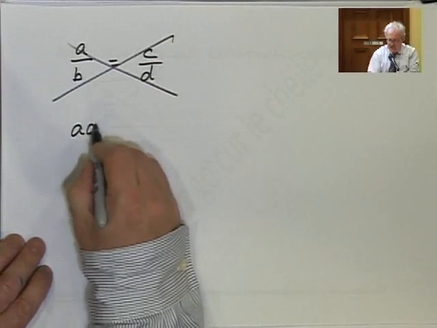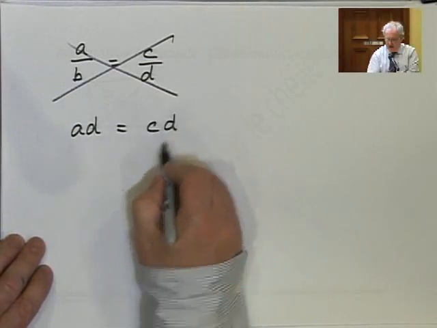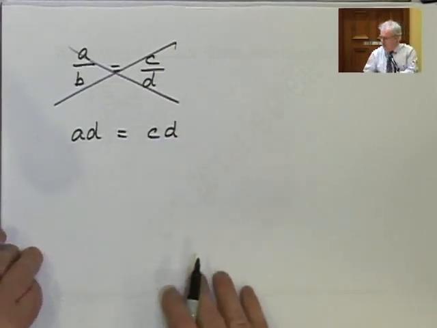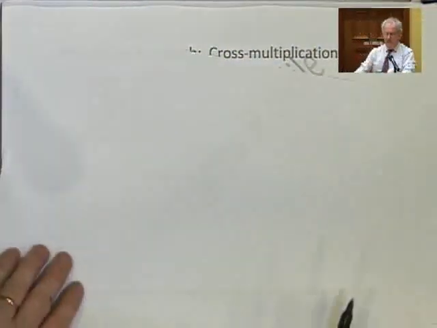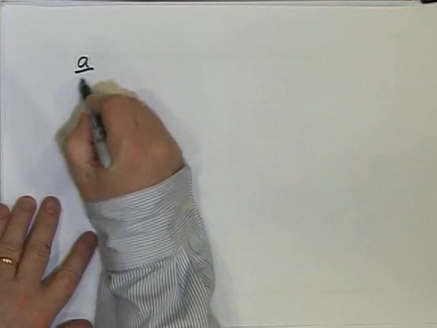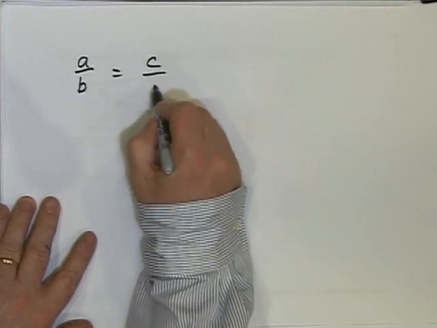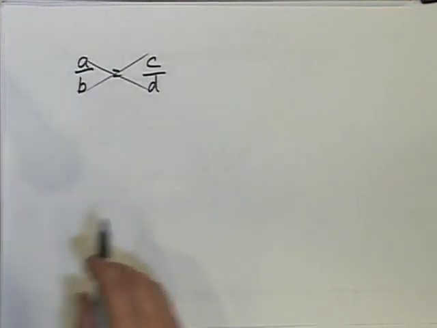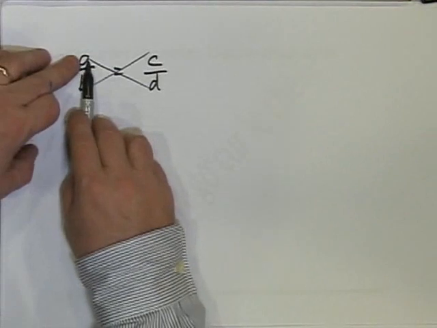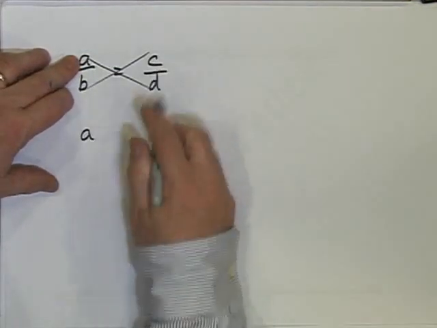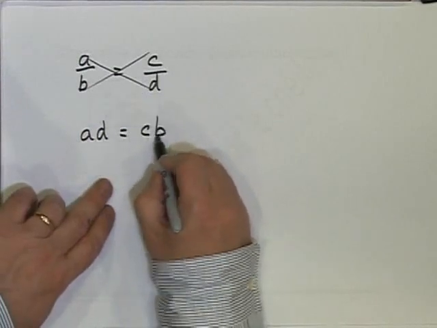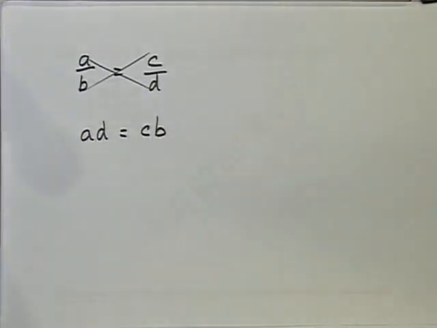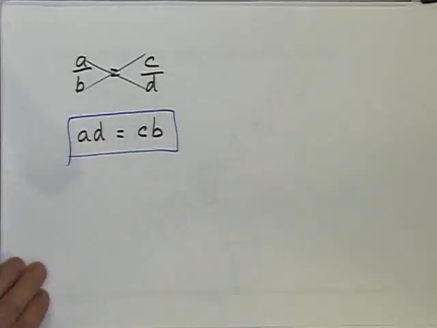You'd say a times d is c times b. The thing on the top here, a, by the thing on the bottom here, d, is equal to the top here, c, by the bottom there, b. And that's how you would normally do that.